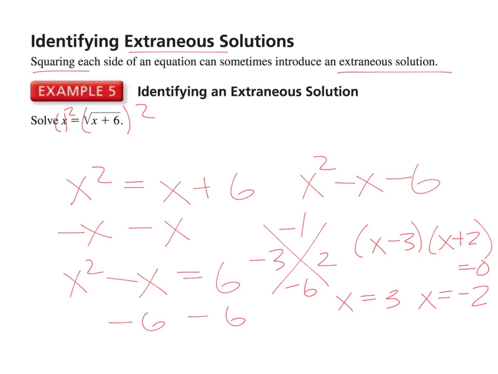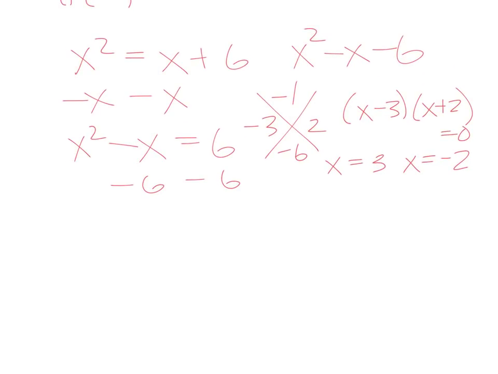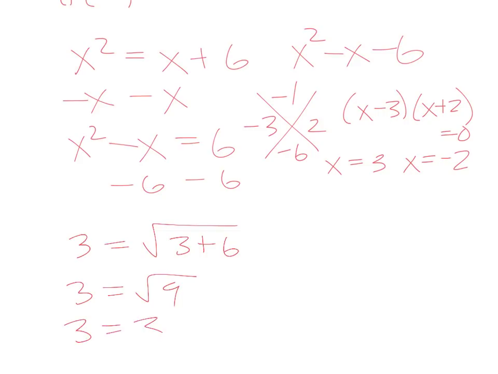Now, if I plug these into the equation, plug my solutions in, 3 is equal to square root of 3 plus 6. I get 3 is equal to the square root of 9, so 3 is equal to 3. That's true. But for the other one, I have negative 2, and when I plug that in, it is equal to the square root of negative 2 plus 6.